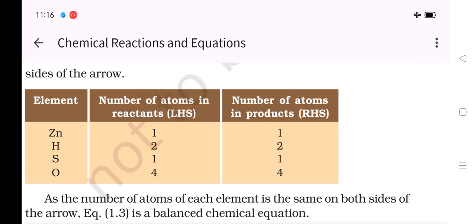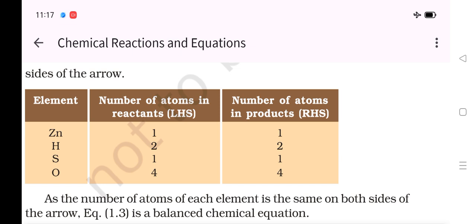Element zinc, number of atoms in the reactants LHS is 1. Number of atoms in products RHS is 1. Now element hydrogen, number of atoms in reactants LHS is 2. Number of atoms in products RHS is also 2. Element S, number of atoms in reactants LHS is 1.